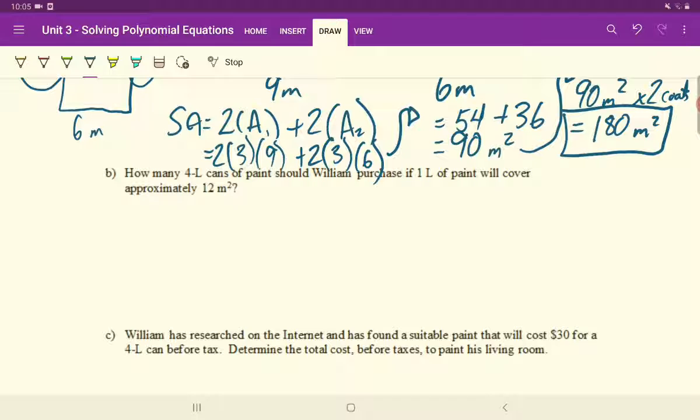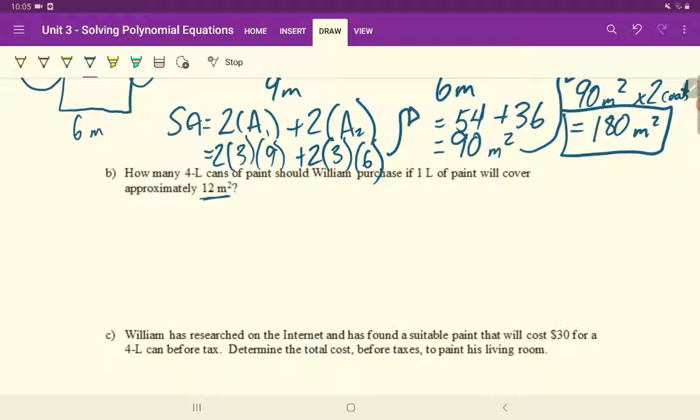How many 4-liter cans of paint should William purchase if 1 liter of paint will cover approximately 12 meters squared? When you go out and buy paint, a can of paint, which is typically a liter, should tell you how much it can cover. Let's reread that.